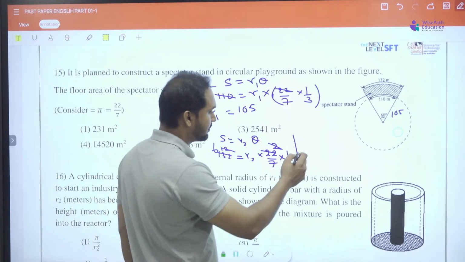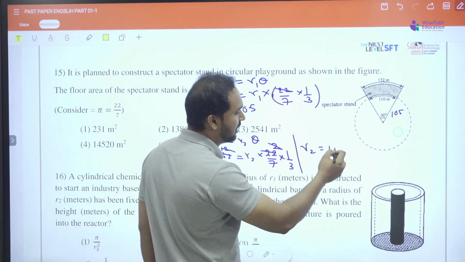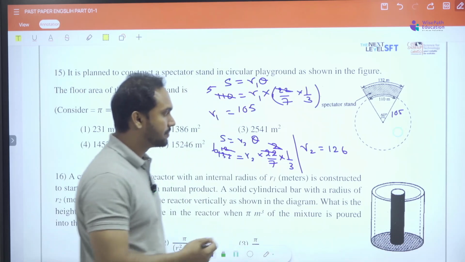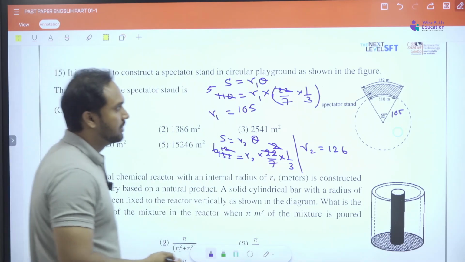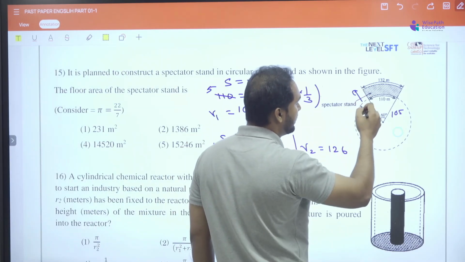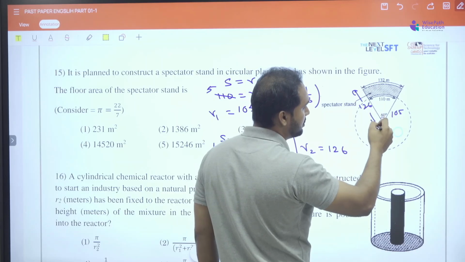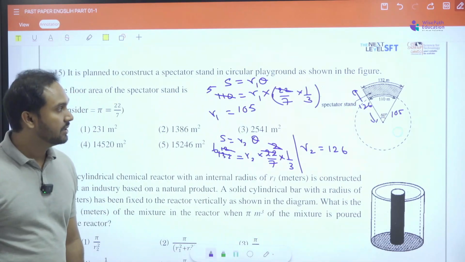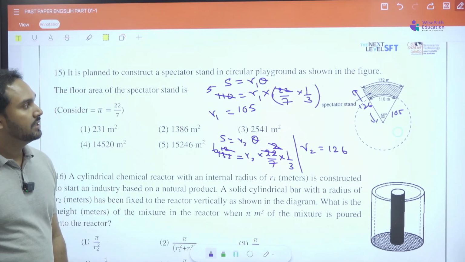So R2 equals 126. Now this length is 126. Now you have two of the radiuses.